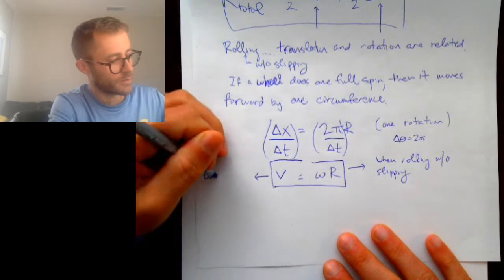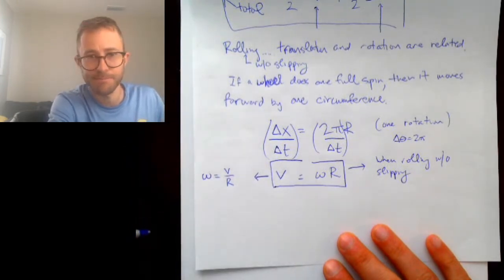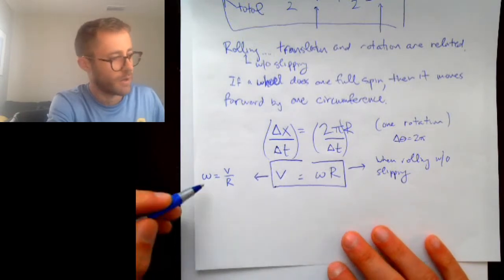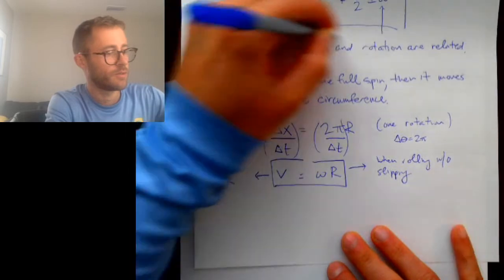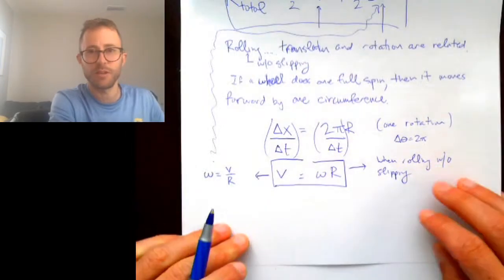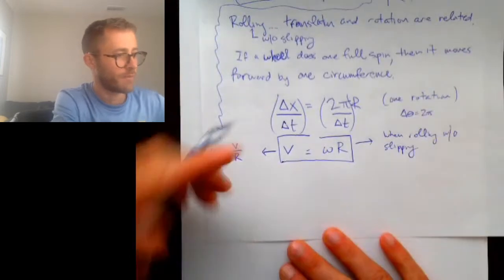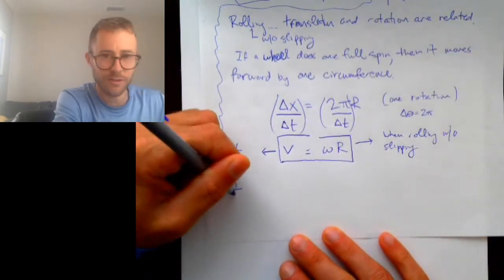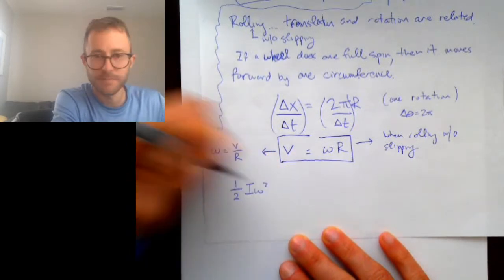We can write it as omega equals v over r. And I'm going to use that and plug it into the equation for rotational kinetic energy. So if I have my equation for rotational kinetic energy, it's 1/2 I omega squared.